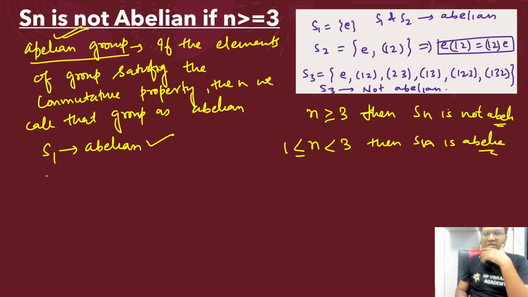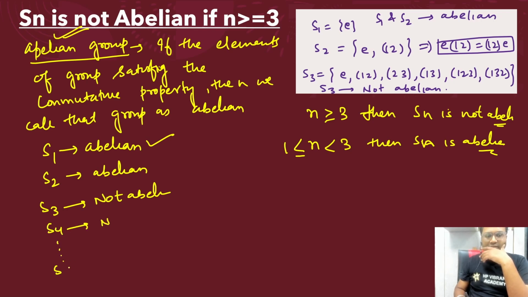So S1 is abelian, S2 is abelian. S3 is not abelian, S4 is not abelian. Similarly, Sn is not abelian for n greater than or equal to 3. Understood? So for n equal to 3 or more, it will not be abelian.